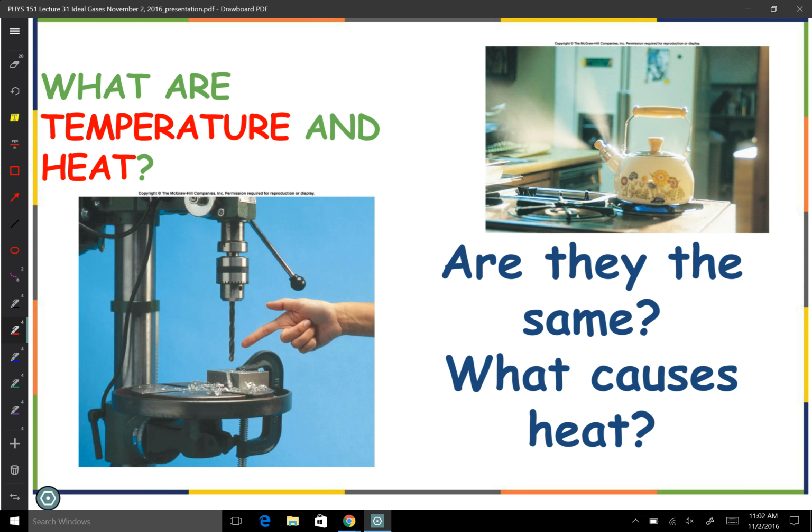And so this example here of the drill press is actually almost exactly what led to the first understanding of heat. Back long ago, before I was born, of course, people believed in what they called the caloric. In fact, their theory had the caloric and the frigidic.